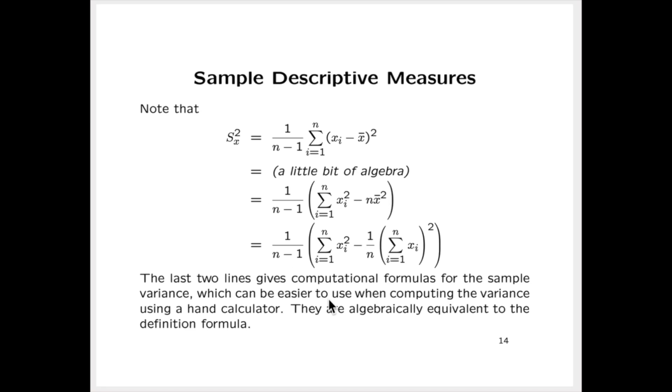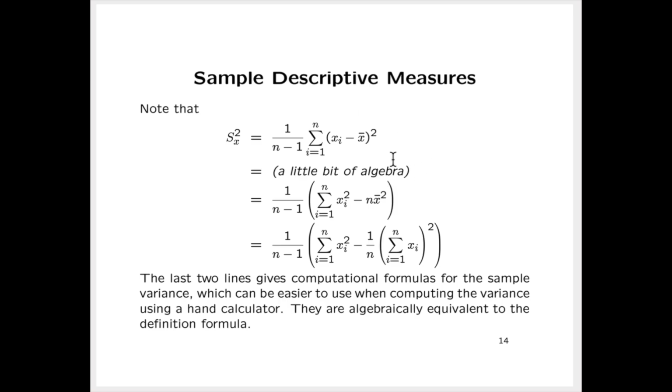In the same way that we have a computational formula or a shortcut formula for the population variance, we also have shortcut or computational formulas for the sample variance. It turns out that we've got a couple of different shortcut methods for calculating the sample variance. Again, here we have the defining formula that we just looked at.